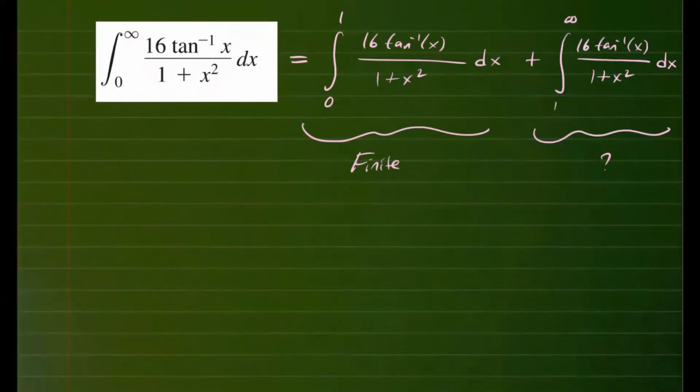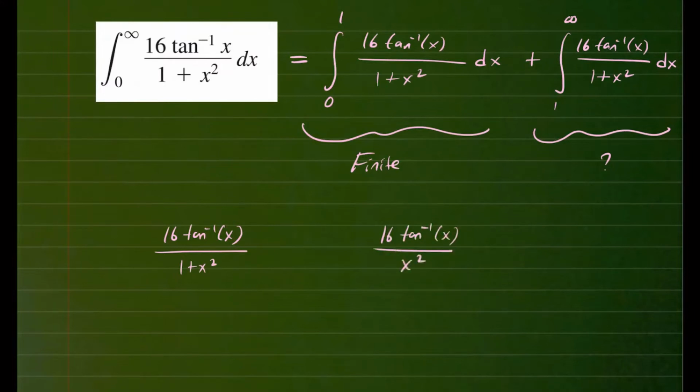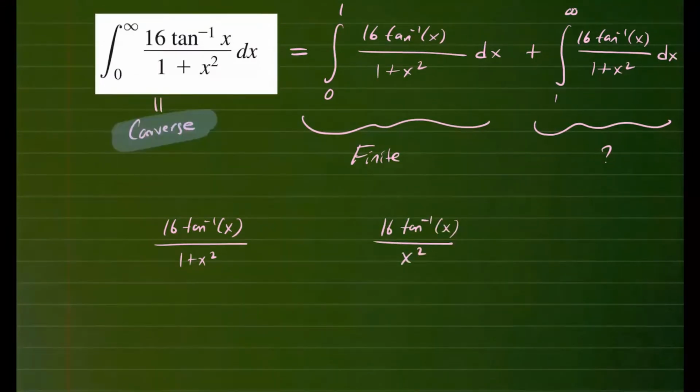So check this out. If you look at this function, 16 tangent inverse of x over 1 plus x squared, and let's say just 16 tangent inverse of x over x squared. All right, so let's take a look at tangent inverse of x. So we know that the graph of tangent inverse looks like this.